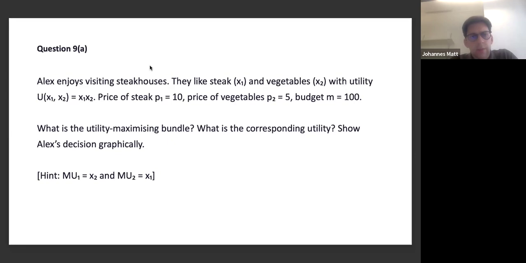And Alex's utility function is this function u that takes as its arguments the amount of steak and vegetables consumed, and is this product x1 times x2. That is the utility function. Now, we've also been told here that the price of steak is 10 and the price of vegetables is 5. And then Alex has a budget equal to 100 pounds to be spent on either steaks or vegetables.